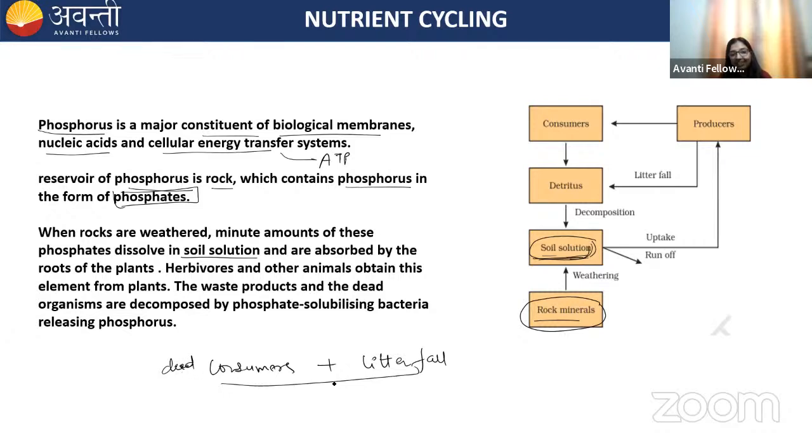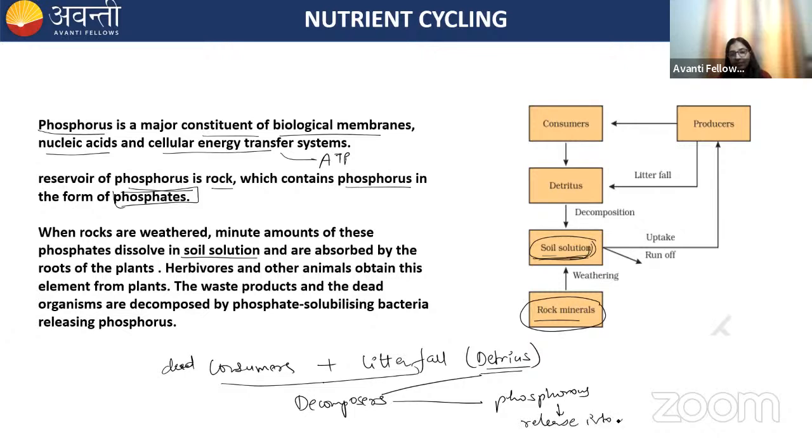The dead consumers and the litter fall from the producers, that is plants, will act as detritus, which is the remains of plants or animals. Now the decomposers will act on the detritus, and again the phosphorus will be released into the soil. This is how nutrient cycling takes place. Please remember this sequence, it's very important.